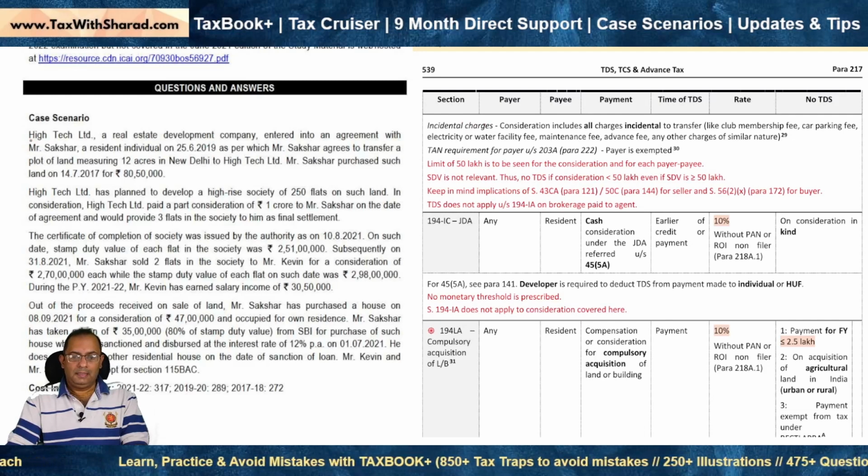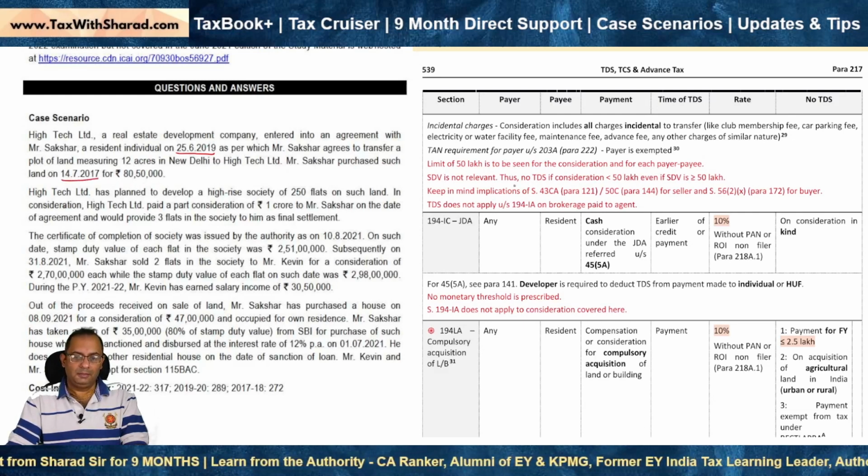The question says High-Tech Limited, a real estate development company, entered into an agreement with Mr. Sakshar, a resident individual, on 25th June 2019, as per which Mr. Sakshar agrees to transfer a plot of land measuring 12 acres in New Delhi to High-Tech Limited. Mr. Sakshar purchased such land on 14 July 2017 for 80,50,000 rupees.